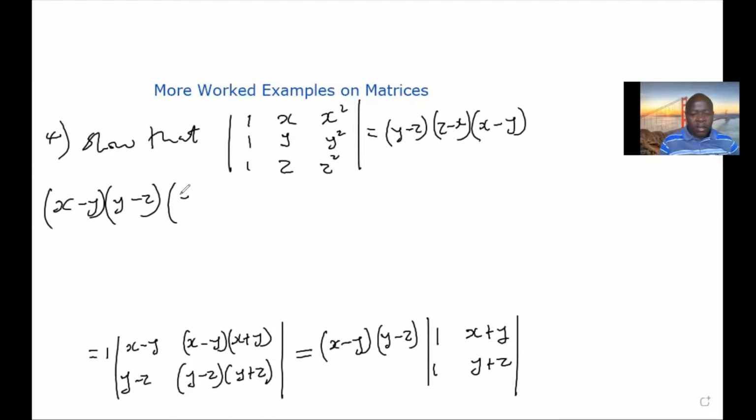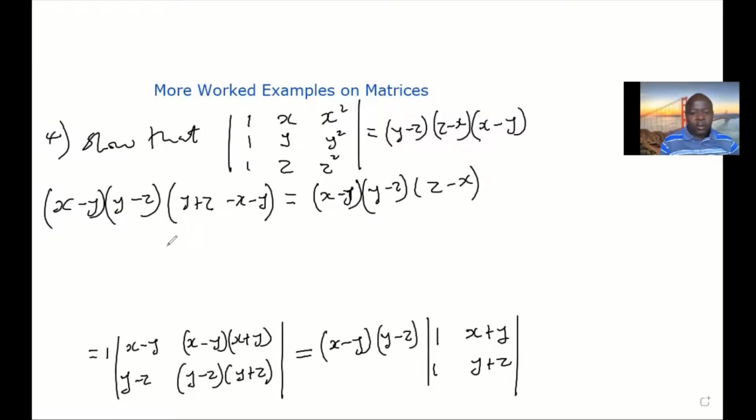So that is y plus z minus x minus y. So y minus y equals 0. So what I have now is x minus y multiplied by y minus z, and this other bracket we have z minus x.